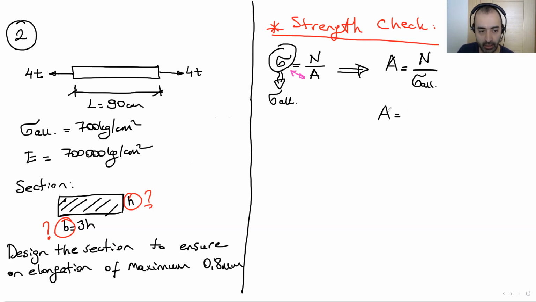A is here, and N is 4 ton. Let's have a look at the allowable stress and E, the modulus of elasticity. They're all in kilogram and centimeter. So here we have ton. Let's convert this ton to kilogram.